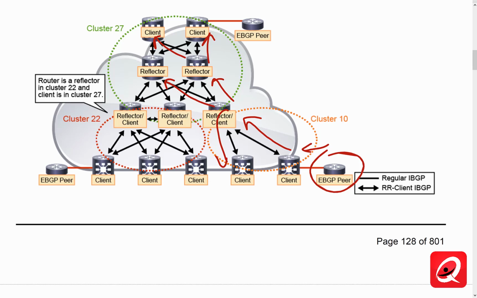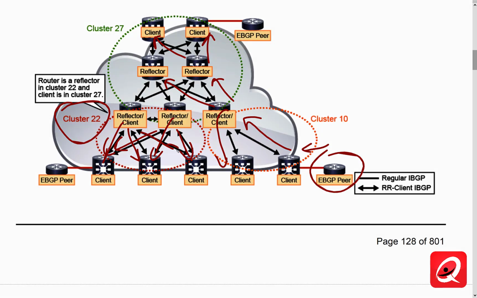The relationships that we have between the route reflectors themselves are normal iBGP sessions. So the split horizon rule would apply in this particular case. But as I move to, say, cluster 22, we're reflecting information down to the clients here. They're going to receive 2 copies this way as well and this way as well.